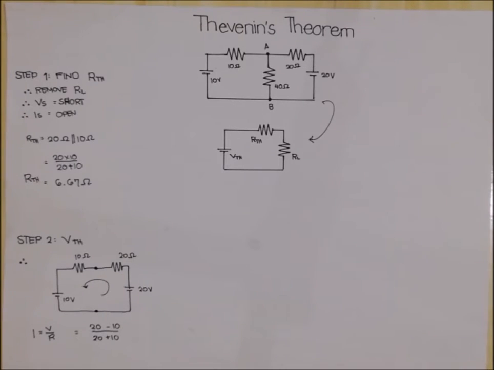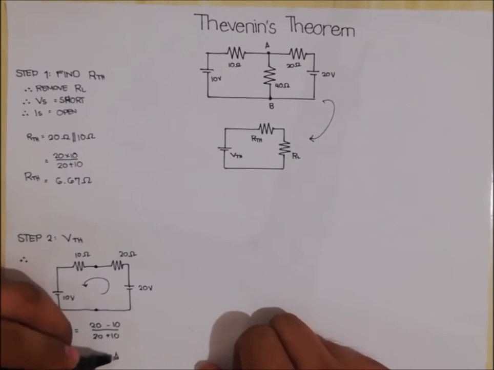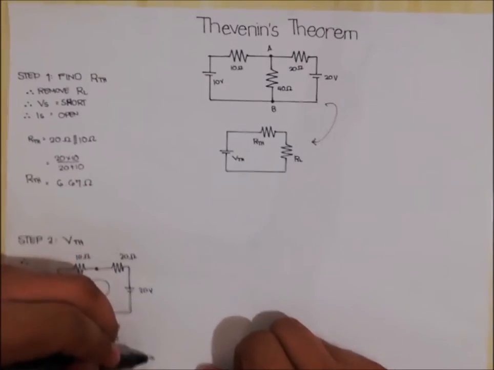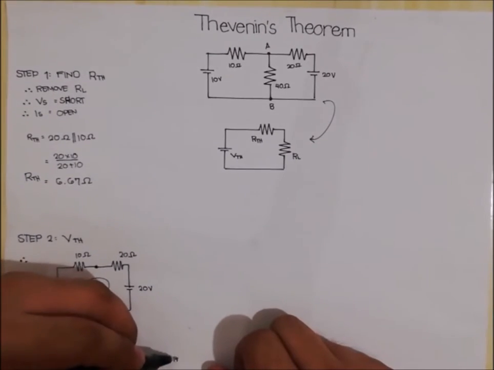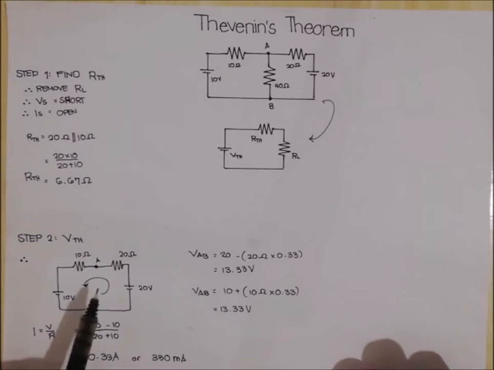So first, we must find the current flowing around the loop, and that is equal to 20 volts minus the 10 volts all over 20 ohms plus 10 ohms, and that will give us 0.33 amperes, or 330 milliamps.